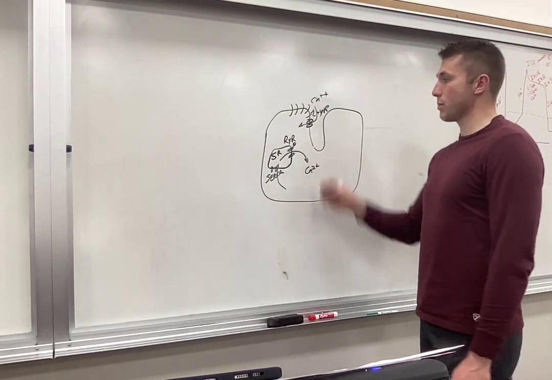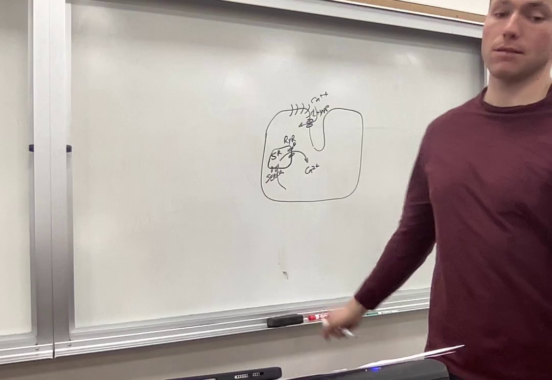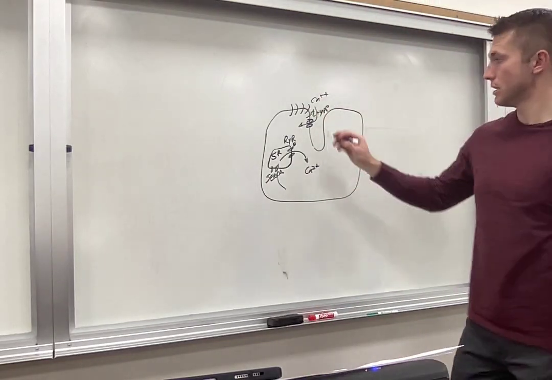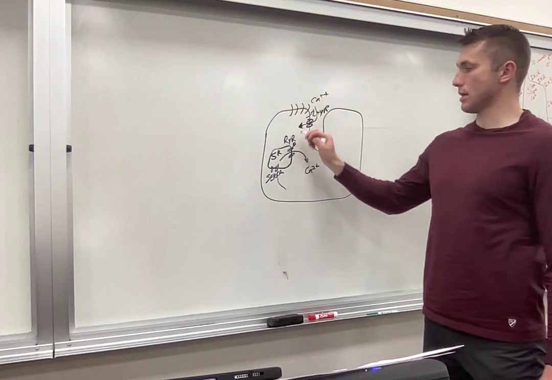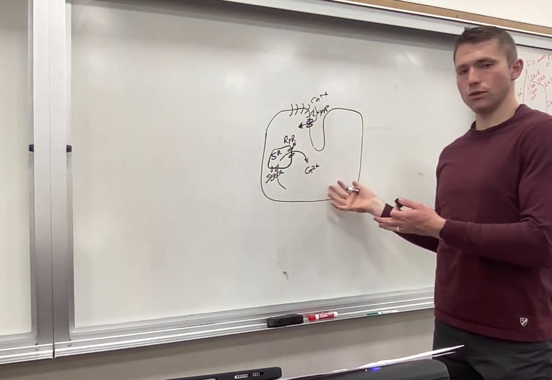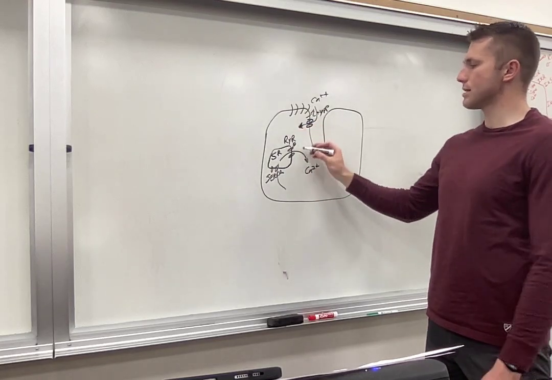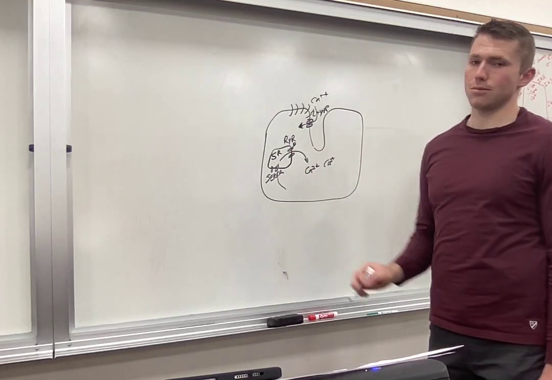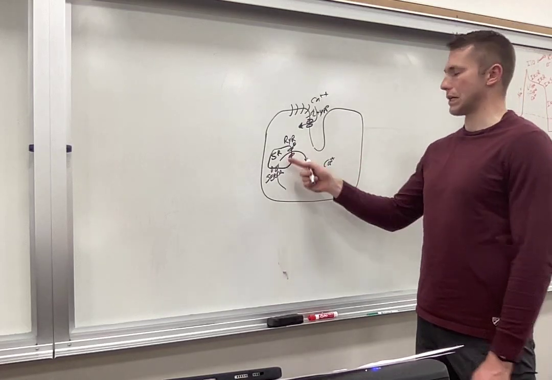But check it out, since we had some influx of calcium, in fact we used 10% of extracellular calcium levels comparatively to do this. So we still have some calcium inside the cell that's not being pumped into the sarcoplasmic reticulum. It's getting kind of crowded.